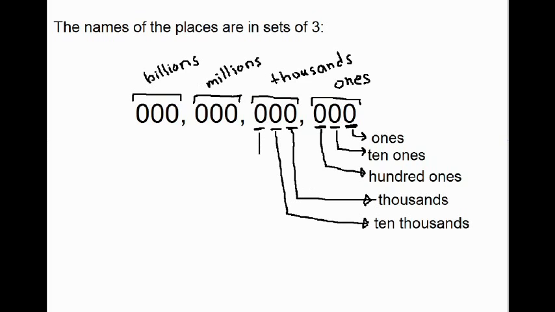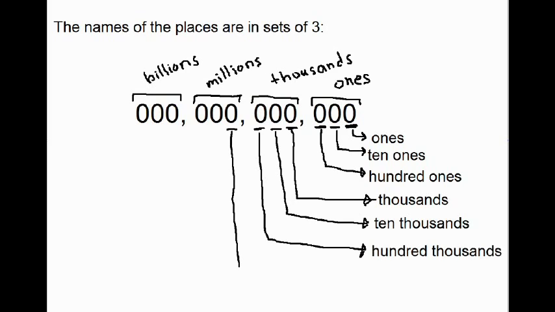And working our way left, continuing on, well, once we got to that place, we would have 100 thousands. So the name of that place value is called our 100 thousands. Well, as we've already talked about, now we're in our next set of values here, and the first value in that set of values is always just the name of that set. So now we're up to our millions.